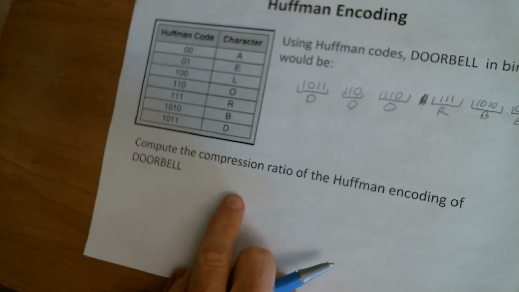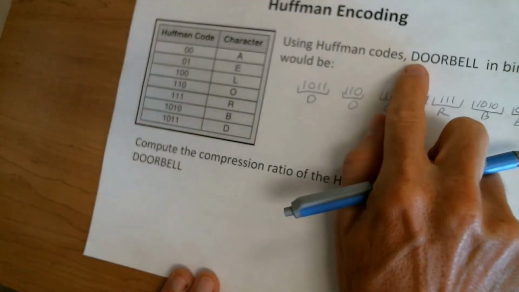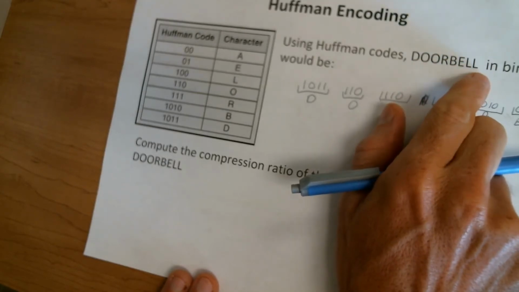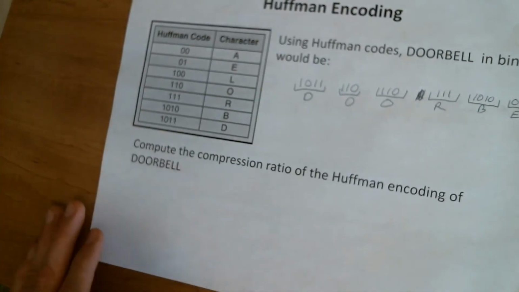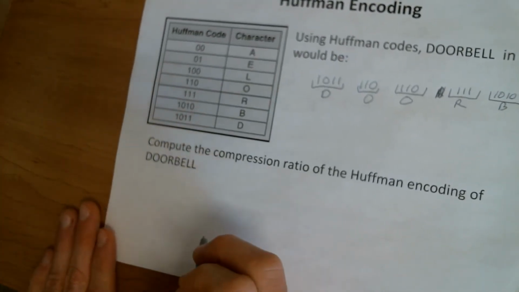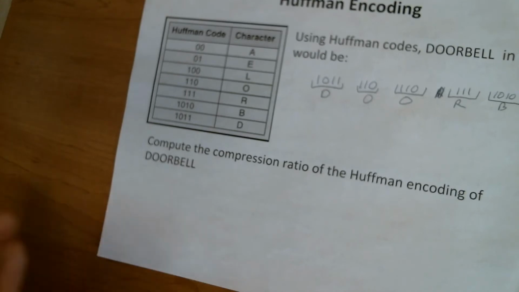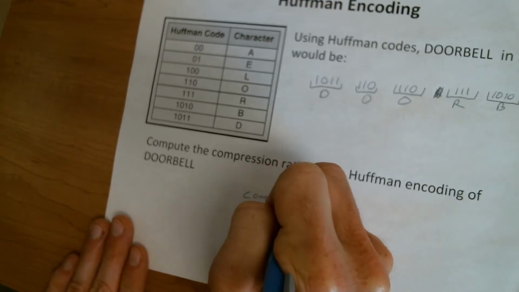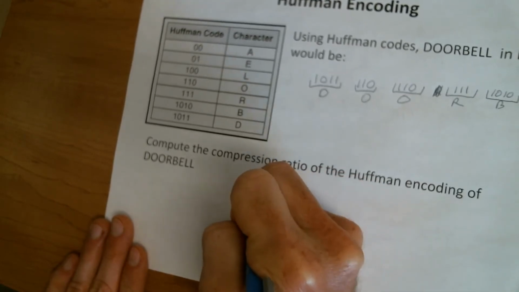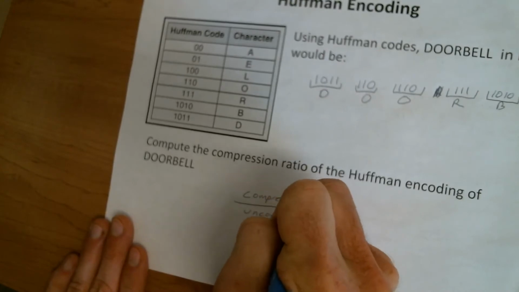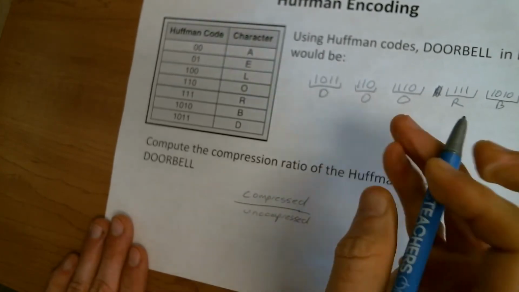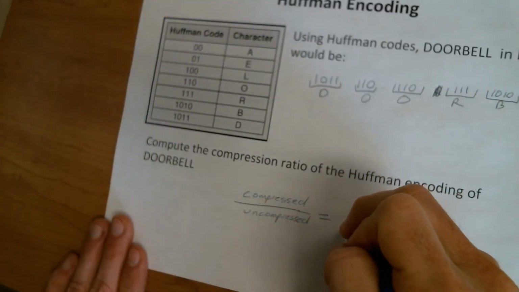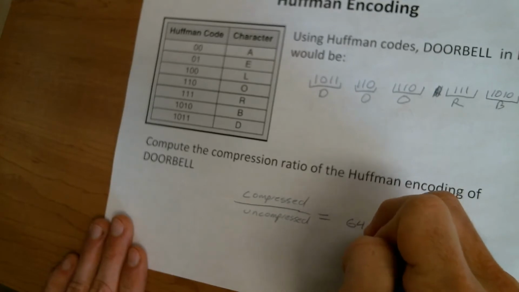And then if we compute the compression ratio on this, all right, the original word was 1, 2, 3, 4, 5, 6, 7, 8. All right, so that means 8 characters times 8 bits is going to be 64 bits. But again, we'll go through it one step at a time. So it's compressed over uncompressed. All right. The uncompressed size was 8 characters times 8 bits, so 64 bits.